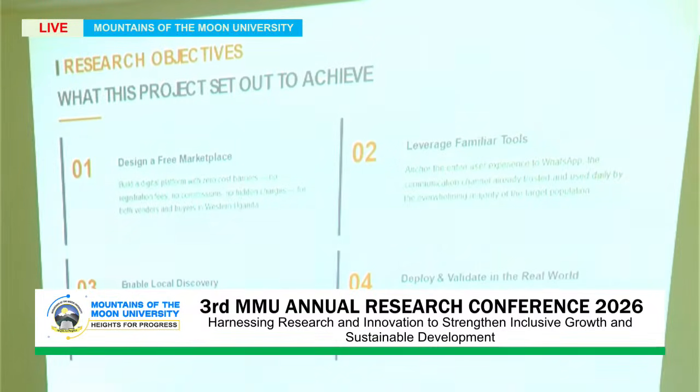As we were developing this platform, we looked at how to design our system. Most of the vendors who are businesses, or people offering services or products, have WhatsApp accounts. But we looked at how we can use WhatsApp to market our products.